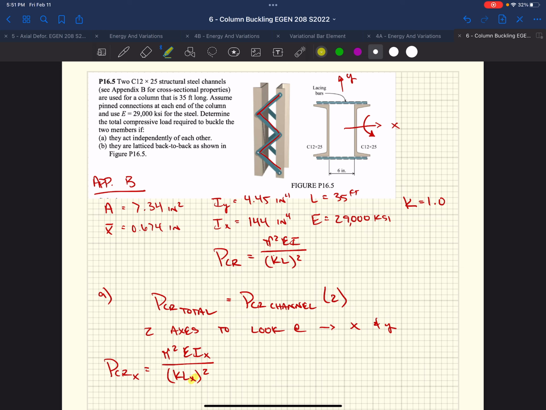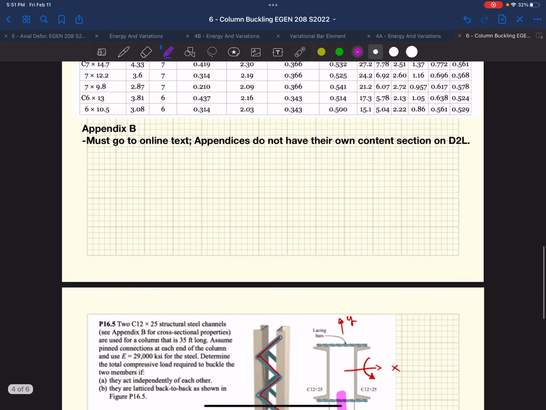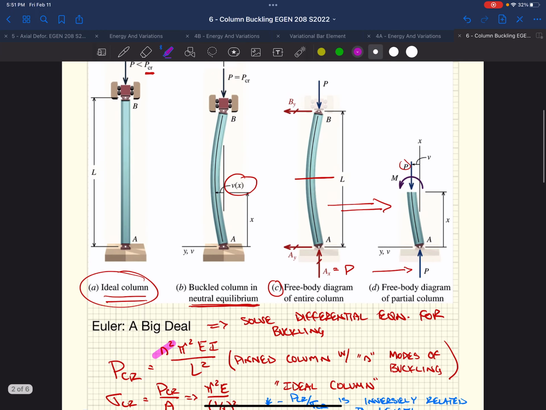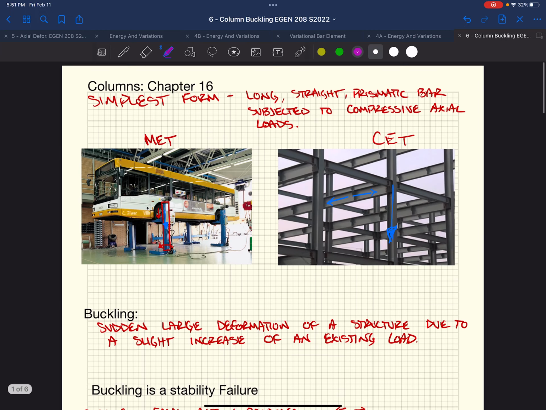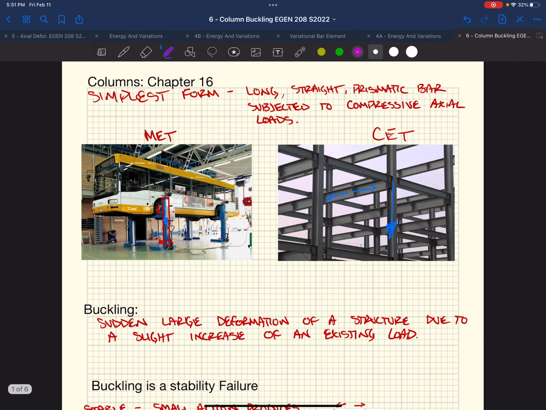We might have something that frames in to this column, right? Might frame in on the side there, right? In such a way that, well, if we look all the way back at the beginning, the CET problem, right? This column, if we're looking at this column here, right?